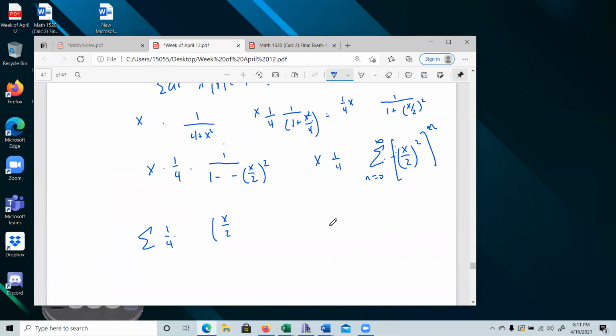Here's my negative, x over 2 squared, raised to the n. So this whole thing in here, that's my r. r happens to be negative, that's fine. Here's my a, and then we're just going to march this thing out. And then here's my x over here. Okay. So that's what we're going to do.